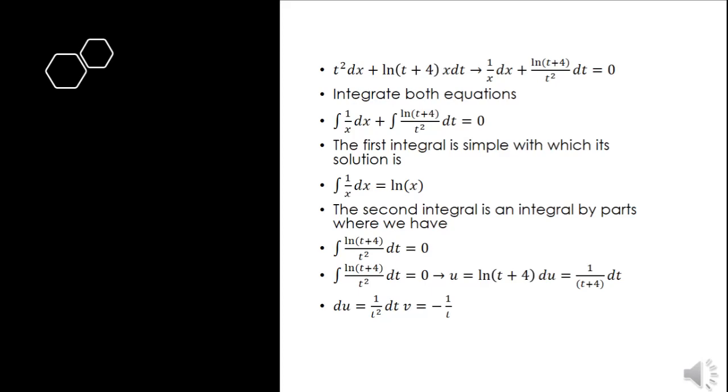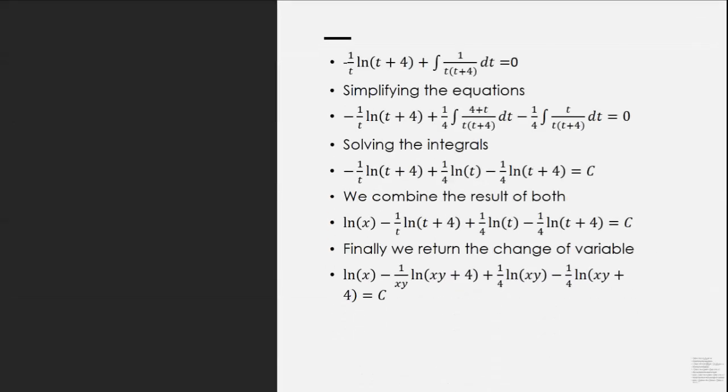In this way, we write the equation as follows: 2x to the power of 6 dy over dx plus 9x raised to the power of y equals 0.